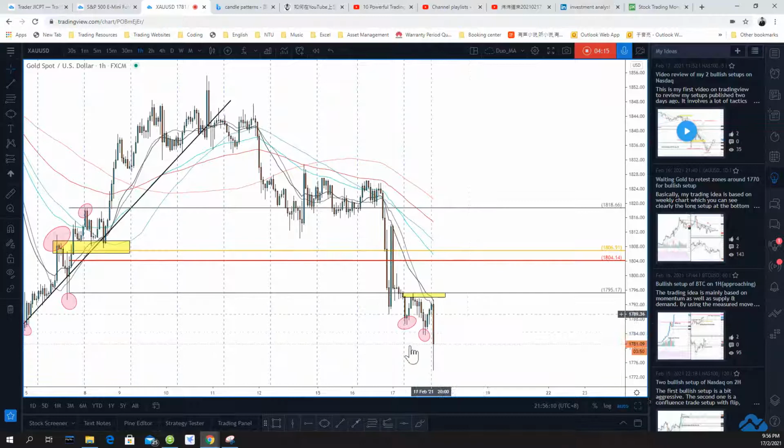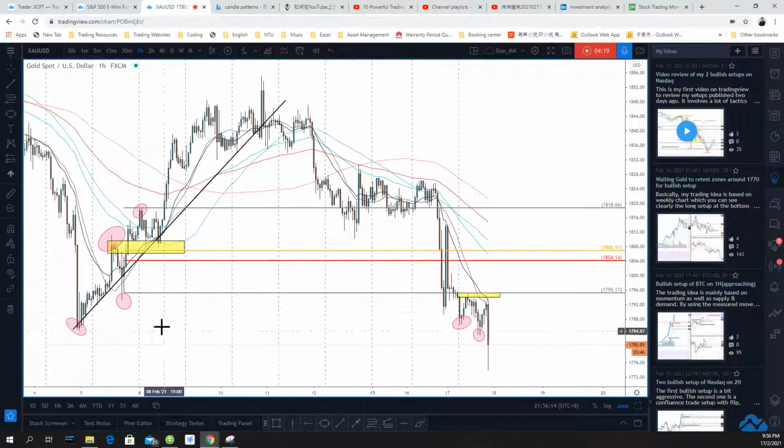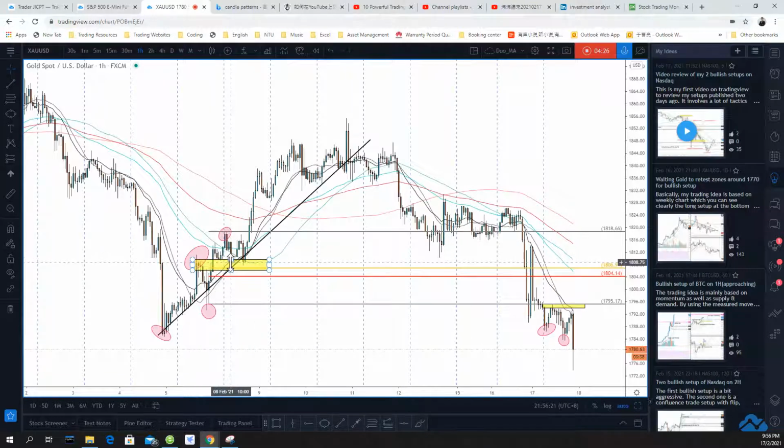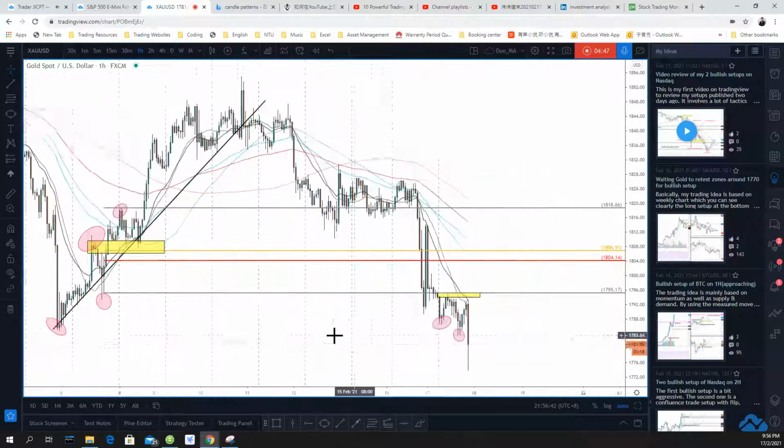What I'm expecting, if price forms a pattern like this, of course this is just one of the patterns, just an example I want to show you guys, is a low, high, high, low, high, high, and then a breakout and price closes above the midterm MA. You see the midterm MA, and also the short-term MA, they turn up, which is a good sign.